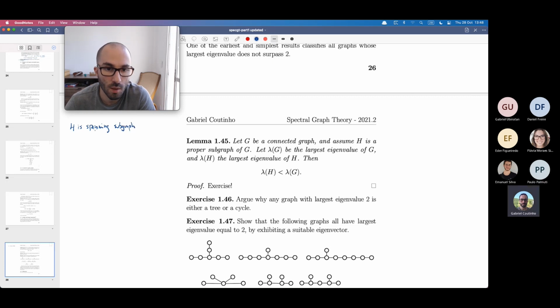Spanning means same number of vertices, fewer edges. So H has the same vertices as G, but fewer edges.